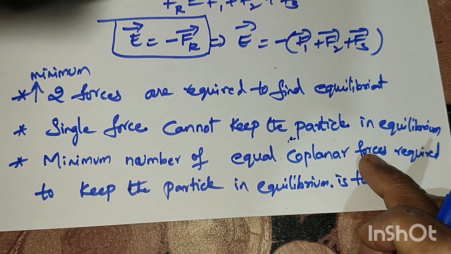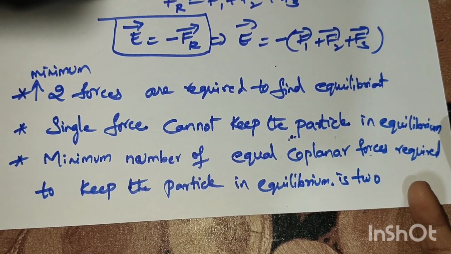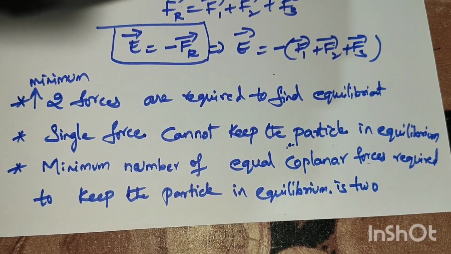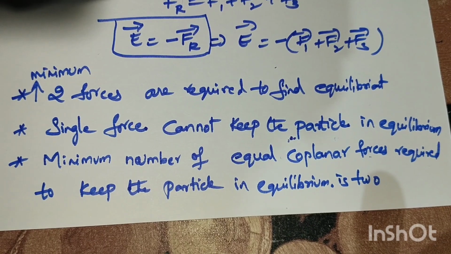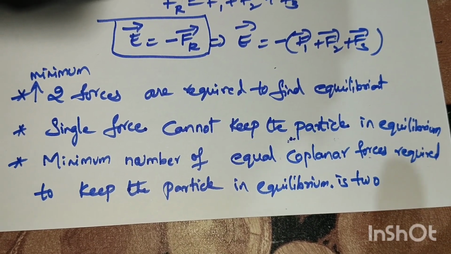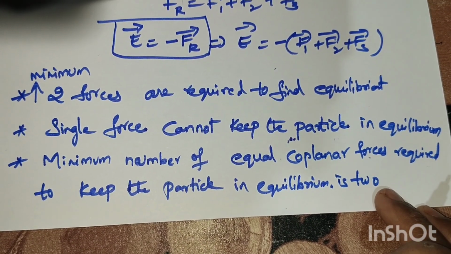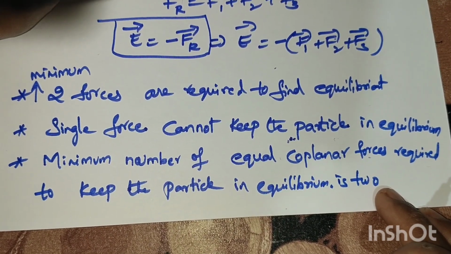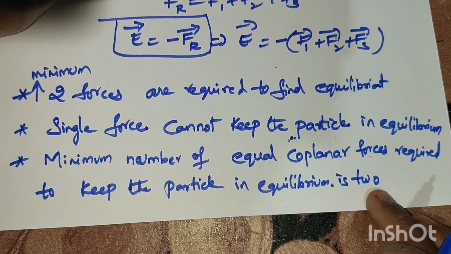Coplanar forces means the forces which lie in the same plane. So the minimum number of equal coplanar forces required to keep the particle in equilibrium is 2.